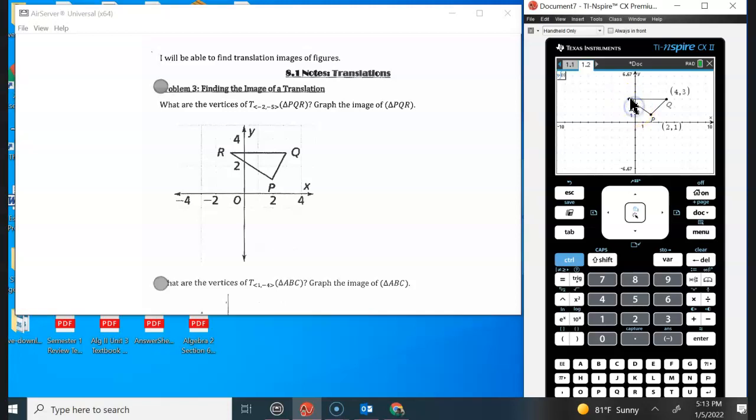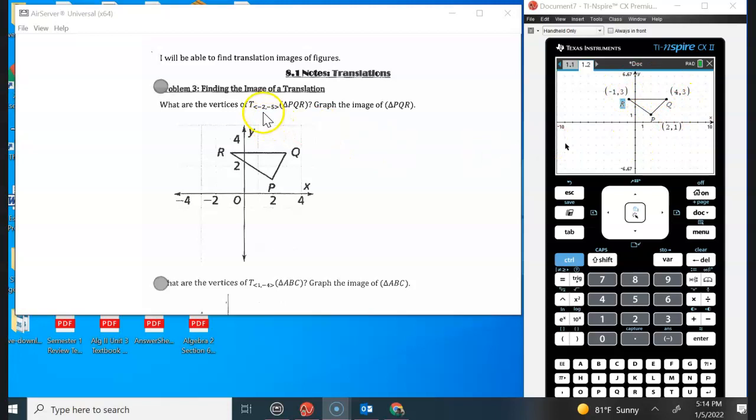Once again, I'm trying to label this point. So I already went ahead and labeled triangle PRQ, and here are the ordered pairs.